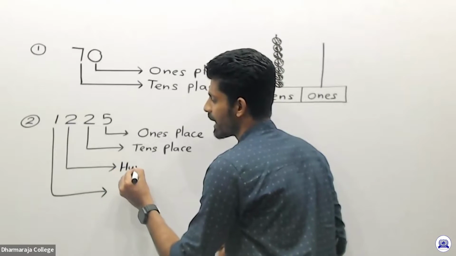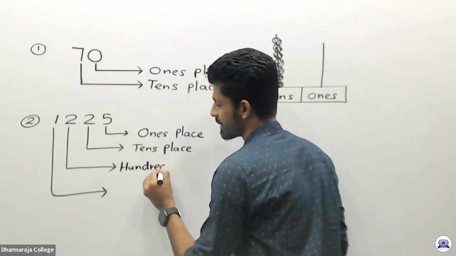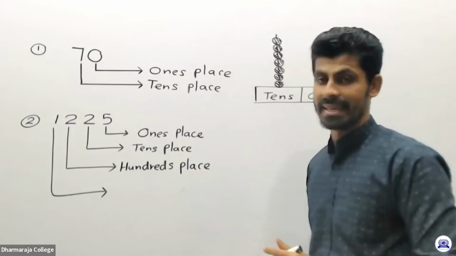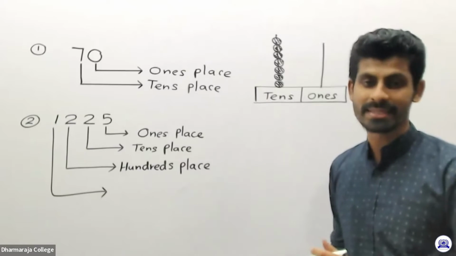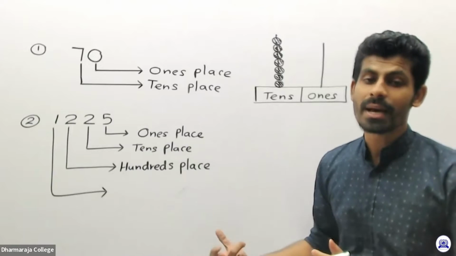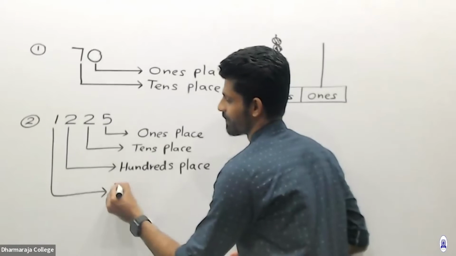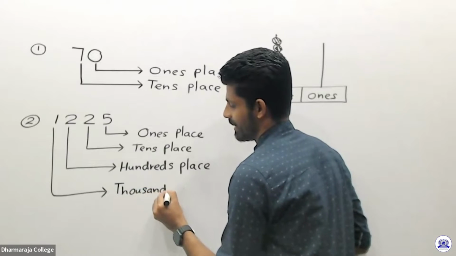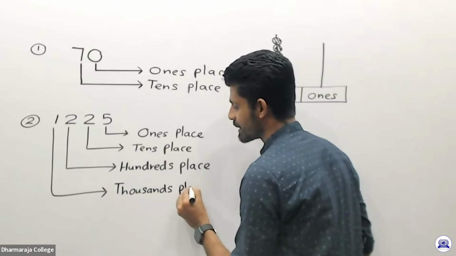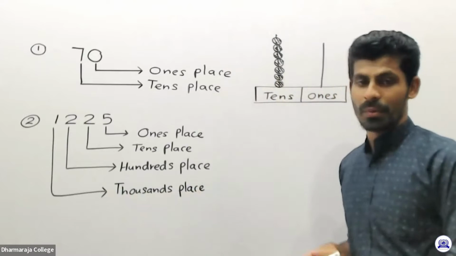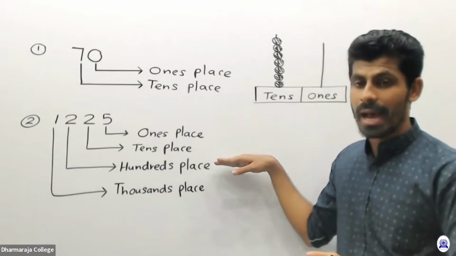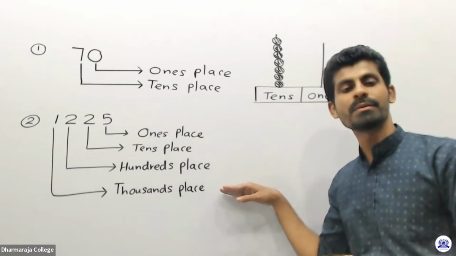Next one, thousands place. Ones place, tens place, hundreds place, thousands place.